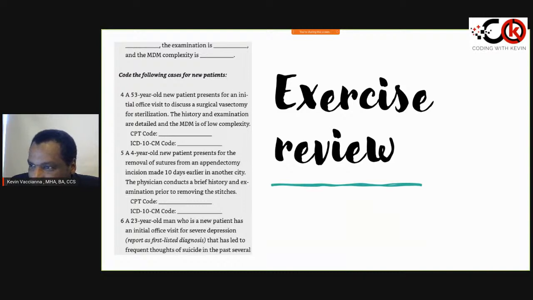Okay, and then somebody's going to tell me what my ICD-10 CM code is. What's the main term you're looking at for this diagnosis code? Sterilization. Vasectomy. So it's an encounter for a visit, right? Sterilization, was it done on this visit? Are they discussing it? What are they doing?